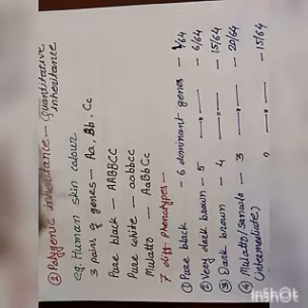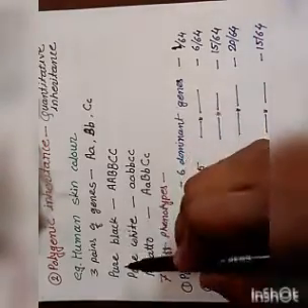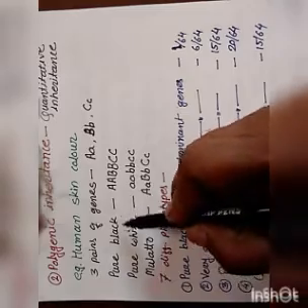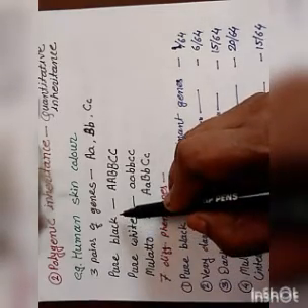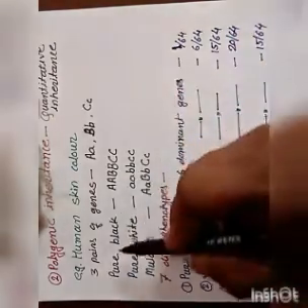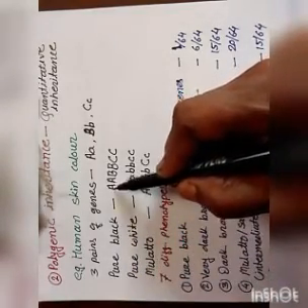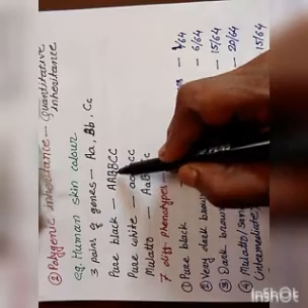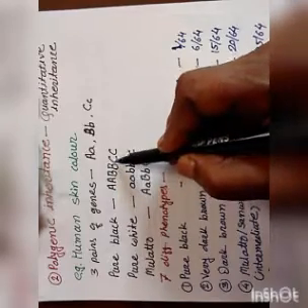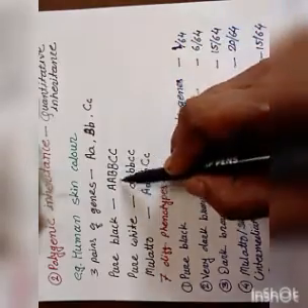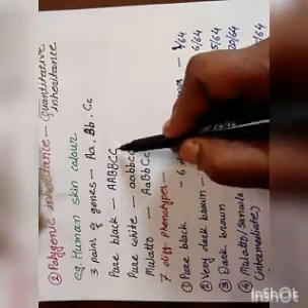Here, the genotype of a pure black individual, like a Negro, is capital A, capital A, capital B, capital B, capital C, capital C. It is homozygous dominant.